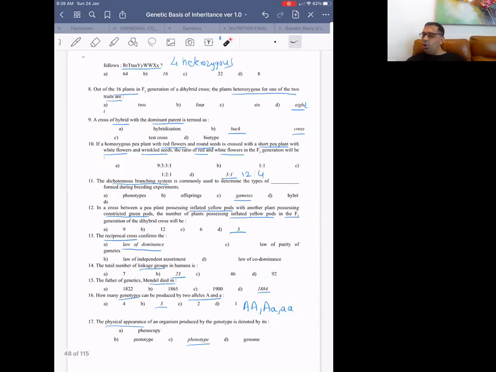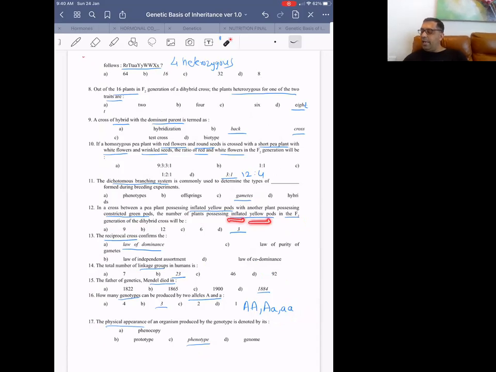And what have they asked in the question? They've asked the number of plants possessing inflated yellow pods in the F2 generation. So inflated yellow pods में inflated is dominant and yellow is recessive. So how many are dominant recessive? 3.